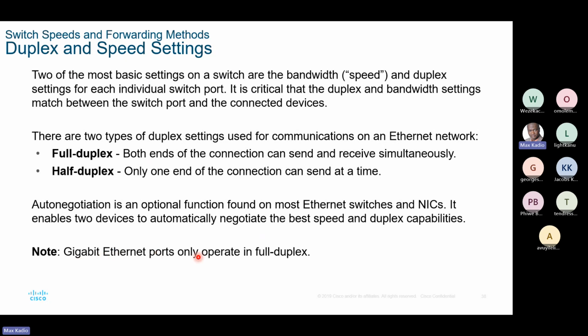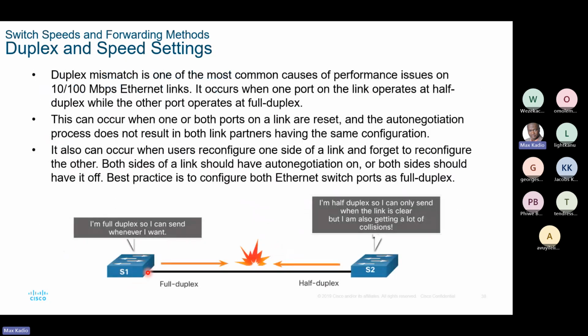And gig Ethernet ports only operate in full duplex. So if one port is full duplex and the other one is half duplex, it won't work. Communication won't happen. So they should be the same, full duplex with full duplex, or half duplex with half duplex. So be careful of the duplex mismatch.